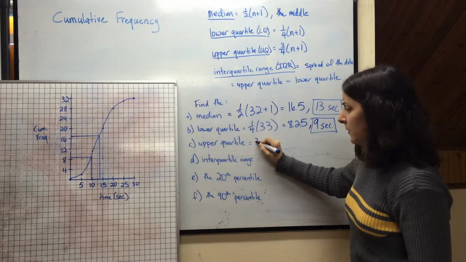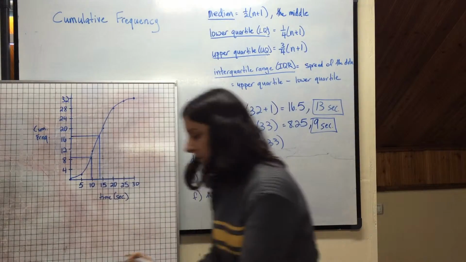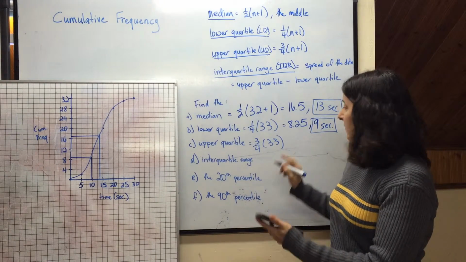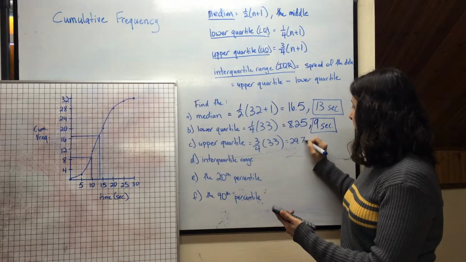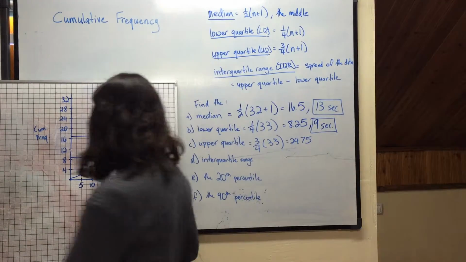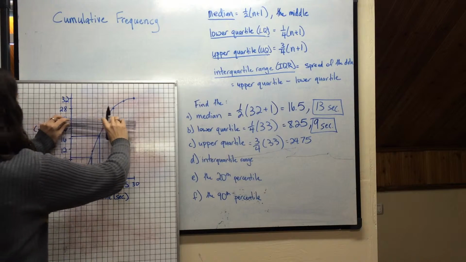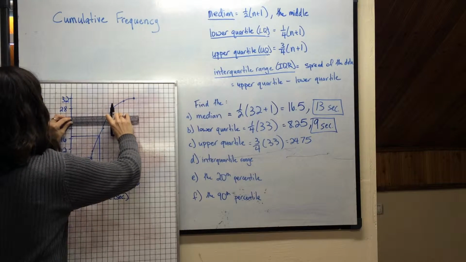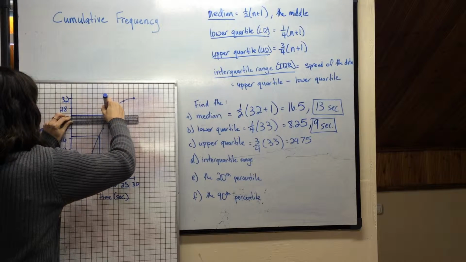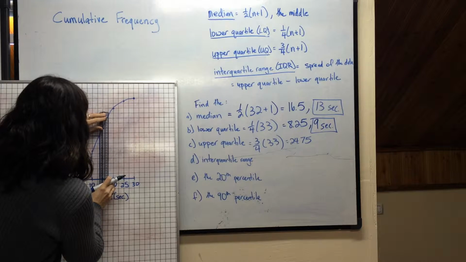The upper quartile, we want to do 3/4 of 33, so 0.75 times 33, we get 24.75. I know this is difficult to actually look at because of the spacing, but you've got to do the best you can. So we go to 24.75, we'll call it that, and then down to my time.